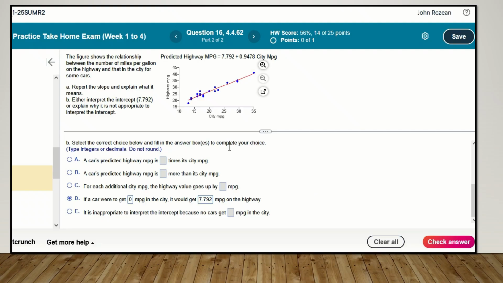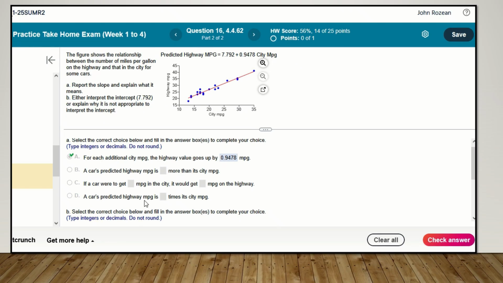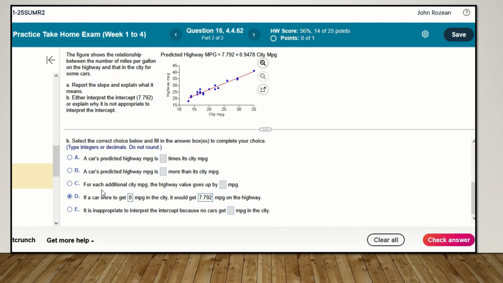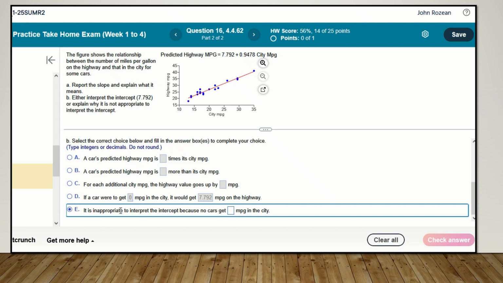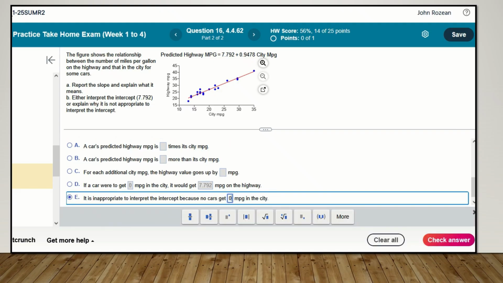Select the choices. So this is part B. Either interpret the intercept or explain why it is not appropriate. So this is the not appropriate to get. No cars get 0, and then we're talking about the X value.